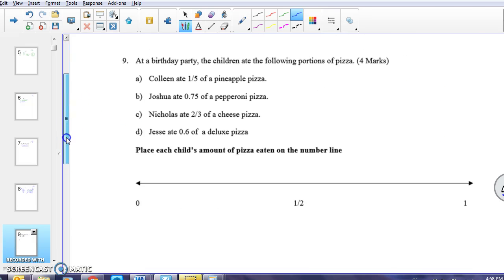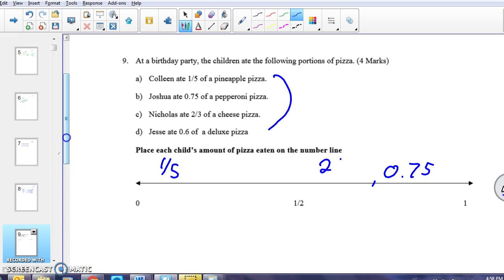Order the fractions on this chart here. This one doesn't say you need to convert it, but the best way when you have a mixed set is to convert it if you're not sure about one. I can start off by writing them on which side they're going to go. So I know 1/5 is smaller than a half. 0.75 is bigger than a half, sorry.